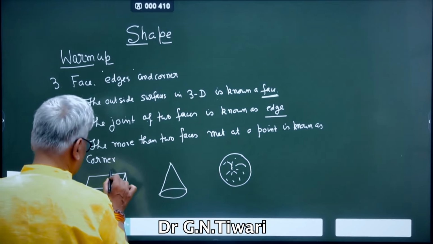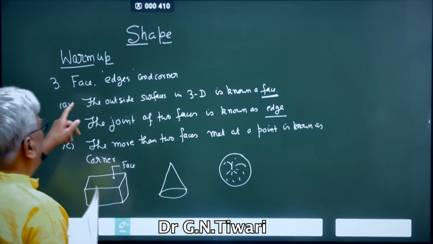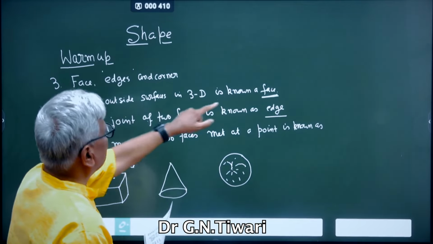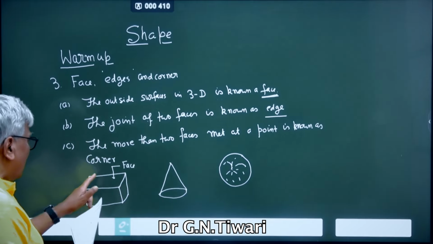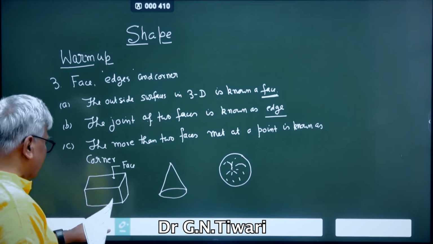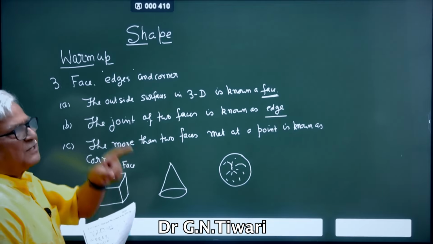Face means this top surface is the face. The outside surface in 3D is known as face. So if the question is asked how many faces are there: one on the top, second, third, fourth, fifth, sixth. There are 6 faces, which will be taught in class 3.